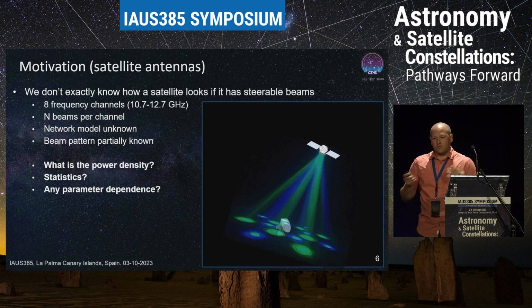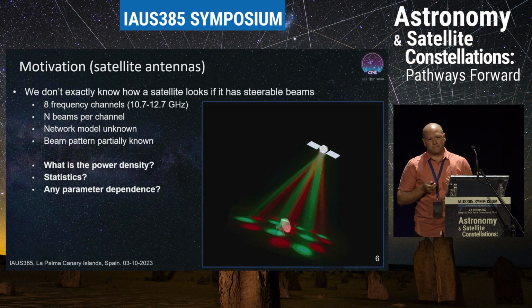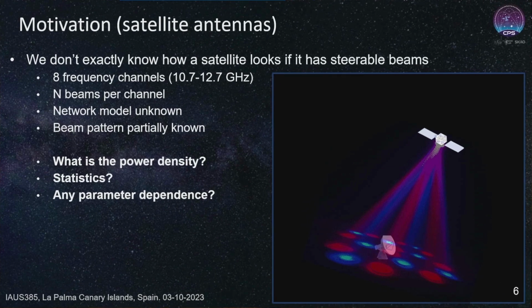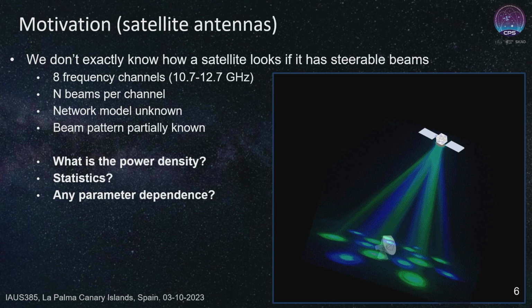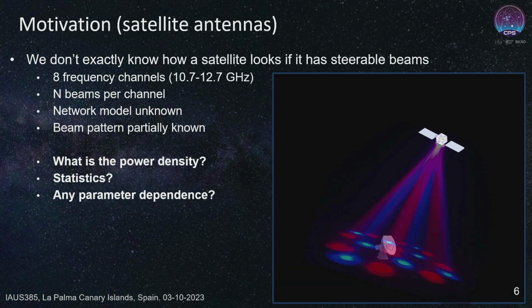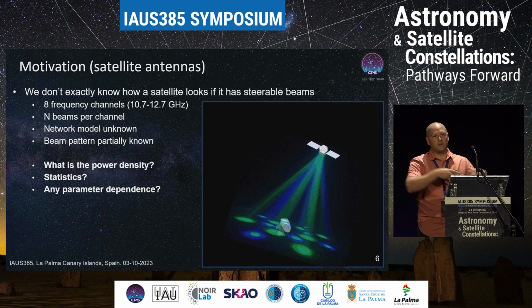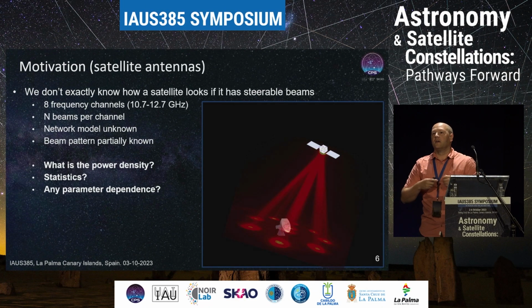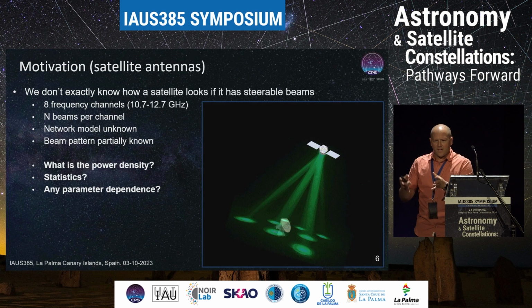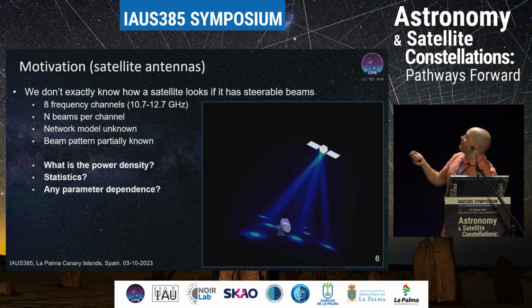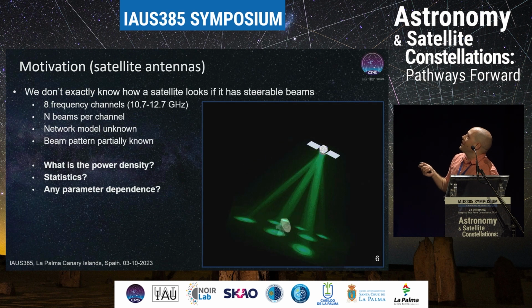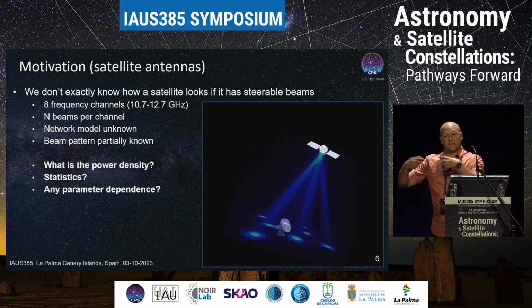But the situation is a bit more complicated because satellites, and especially the new ones like Starlink, have these steerable beams, right? So we actually don't know where the beam is looking at, right? We know that they work in this way. We know how many channels they have, what are the frequencies they use, but we don't really know how many beams per channel the satellite is producing, for example, right?